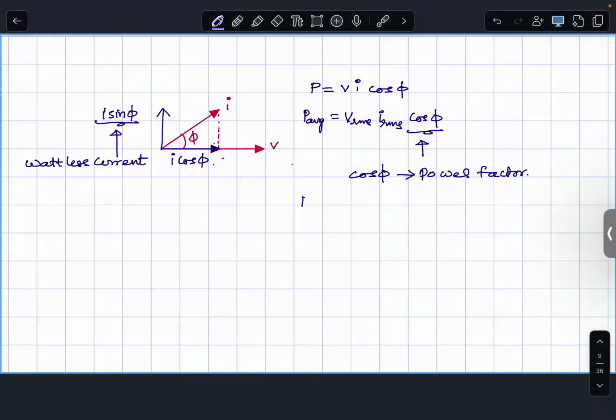For a pure R circuit, power factor is 1. For a pure L circuit, power factor is 0. For a pure C circuit, power factor is again 0, because you know pi by 2. So the current in a pure L circuit and in a pure capacitor circuit is basically wattless current.